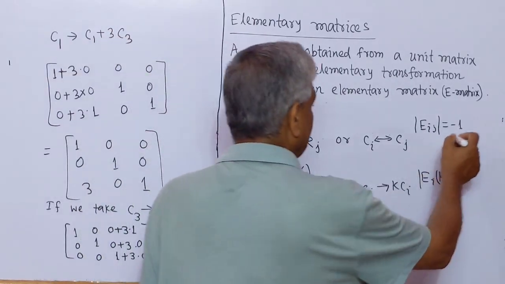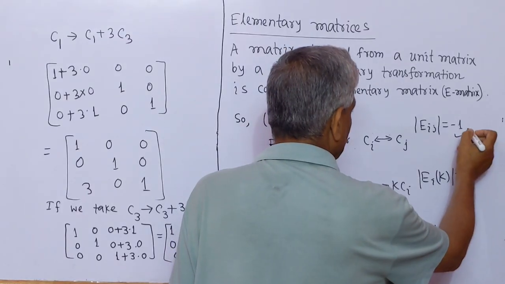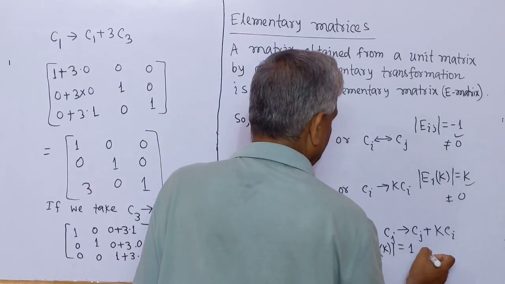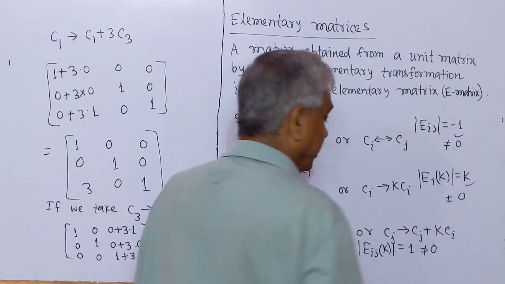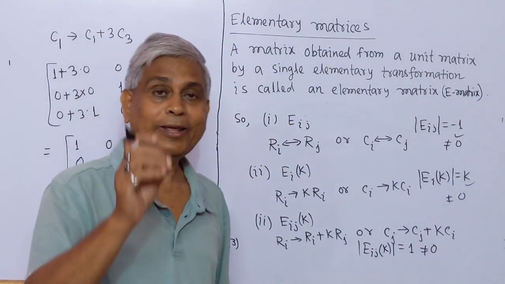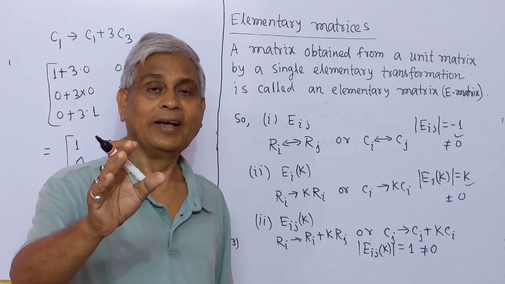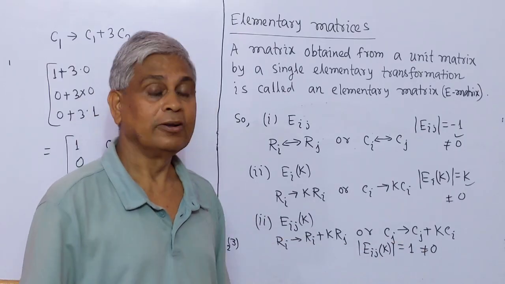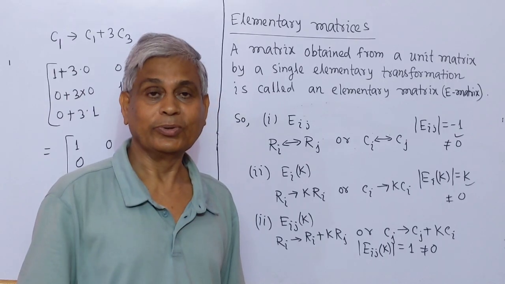In all 3 cases we see that the determinant is not equal to 0. Therefore, elementary matrices are non-singular. Their determinants are not equal to 0.